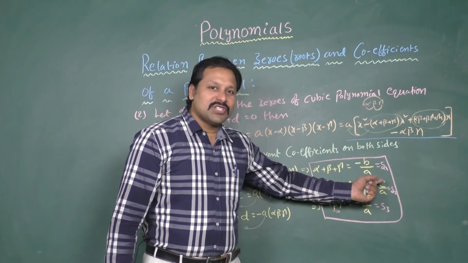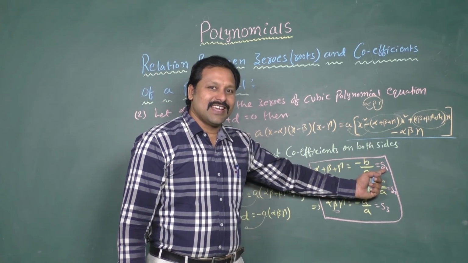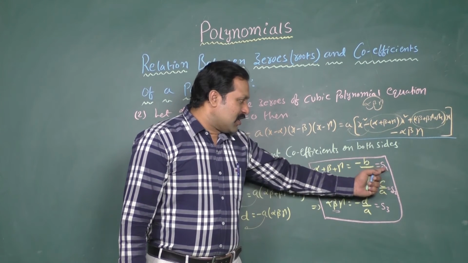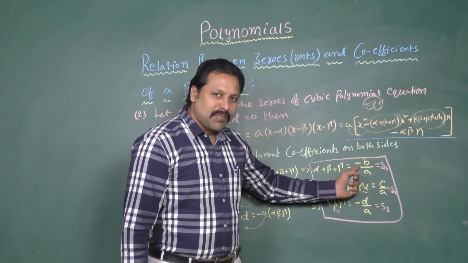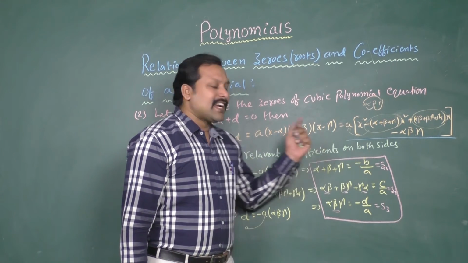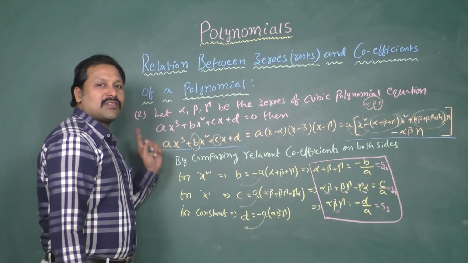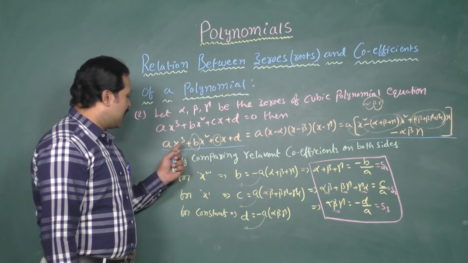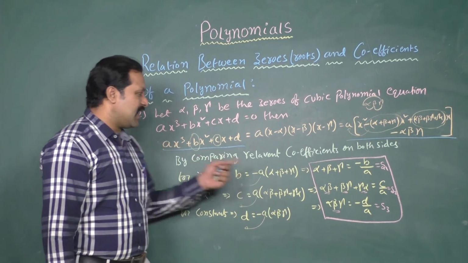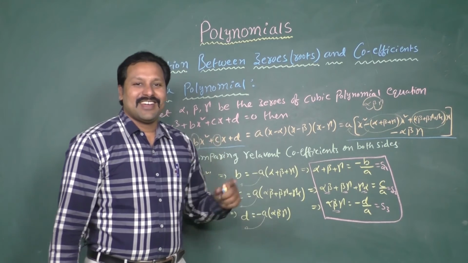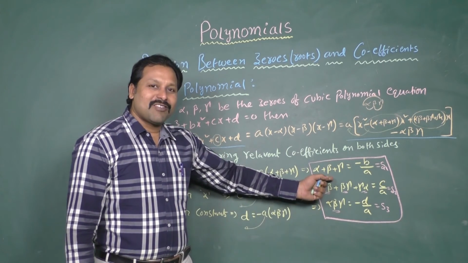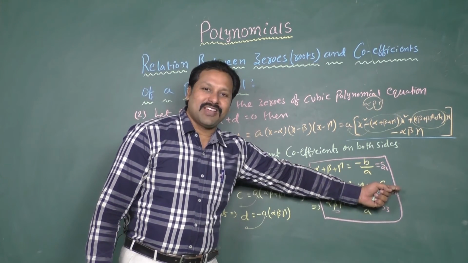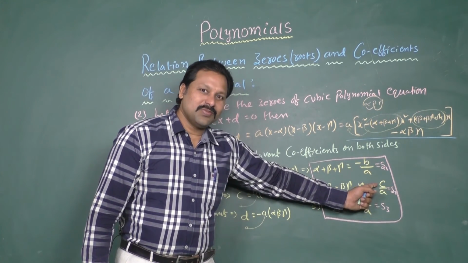So see the logic here. S1 is there, right? 1 is nothing but odd. That's why in the odd you have to keep minus and second term coefficient by first term coefficient. What is the second term coefficient? B by first term coefficient A, that is minus b by a. And same logic you have to apply for S2. 2 is even, that's why we get positive.